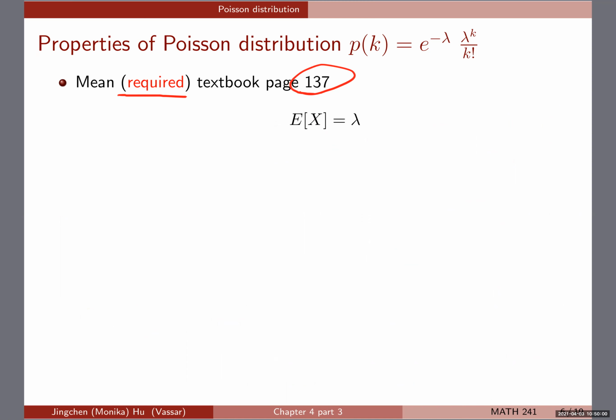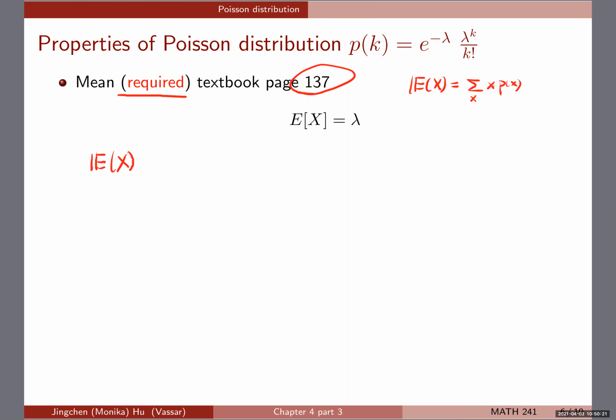But for our video, I'm going to show this one, so we are able to see how it works. Before we start, let's refresh our memory that the expectation of a discrete random variable is the sum over all possible x of x times p(x), where p(x) is the PMF.